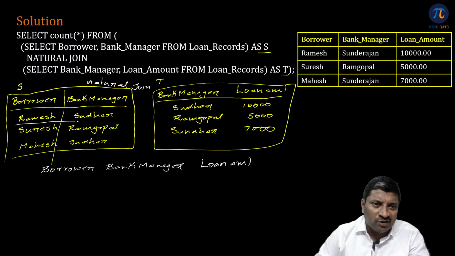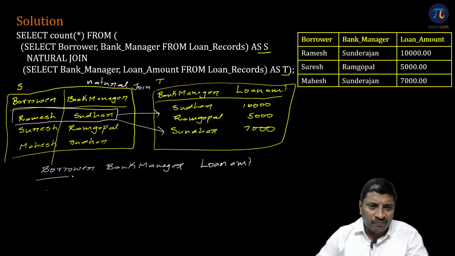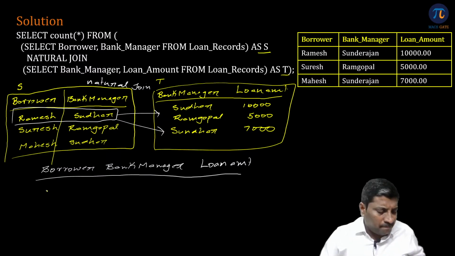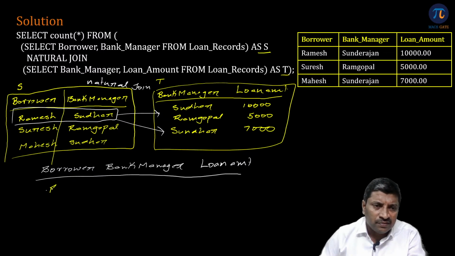Consider the first one, Ramesh Sundar. If there is a match, yes, match. For the second one, no match. For the third one, there is a match. So this will be Ramesh, Sundar.